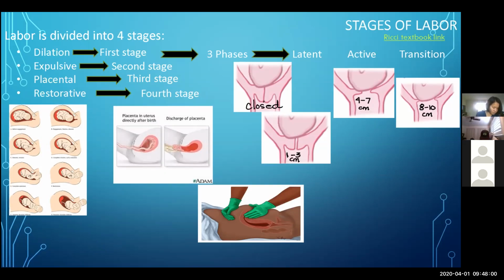So the latent phase, or early labor, begins with the start of regular contractions and ends with rapid cervical dilation. The cervical effacement, or thinning, occurs during this phase and goes from about 0% to about 40%. Cervical dilation also goes from about 0 to about 3.